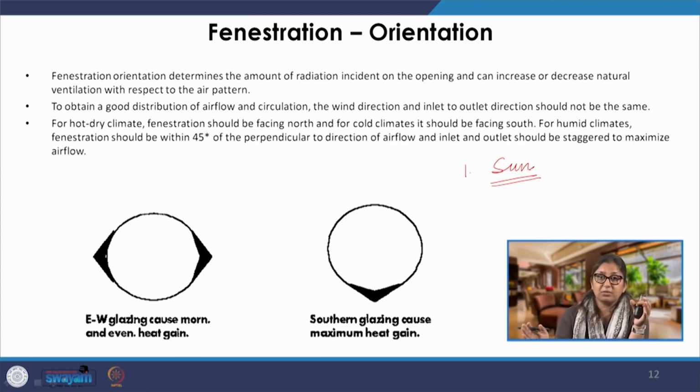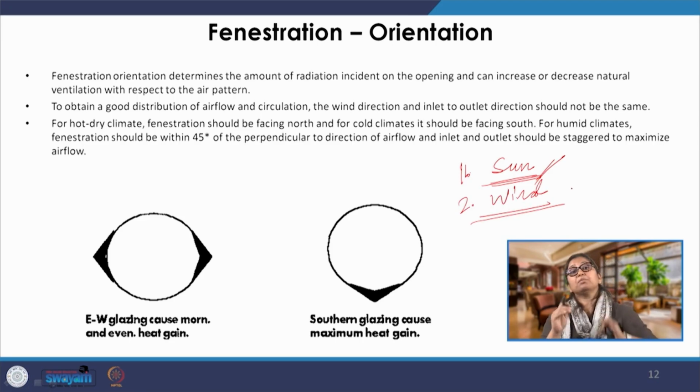We will talk about the material for fenestration later, but considering that glass is commonly used, even if glass is not there, we can open the windows, and direct solar radiation will be brought inside the building only through windows. So, windows have to be oriented for sun and second for wind. Now, what is the primary factor for which the window is being designed? Plus, of course, the third factor is view, which is also significant.